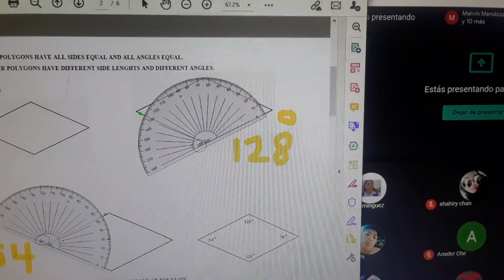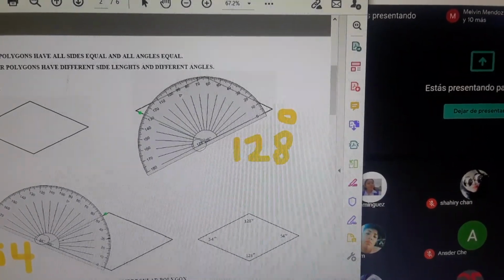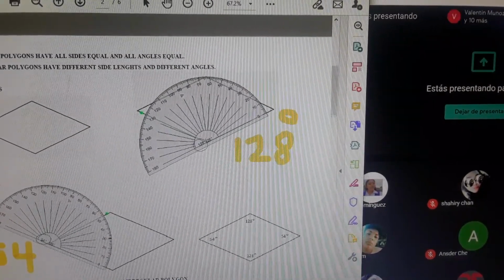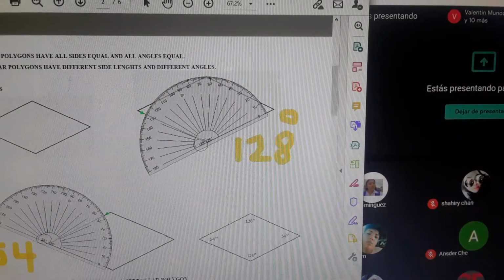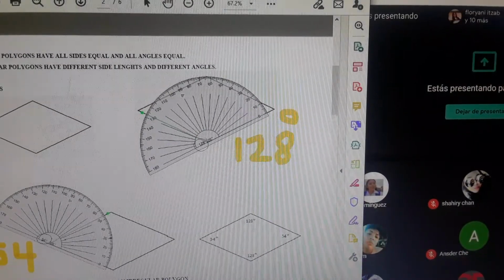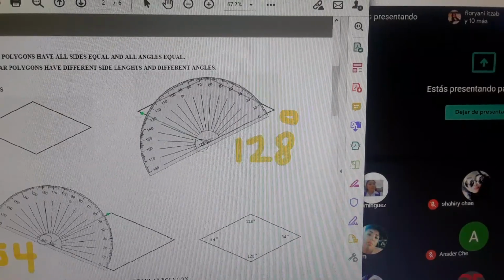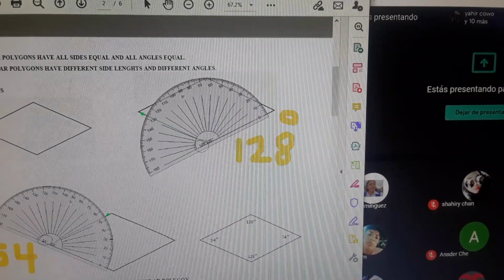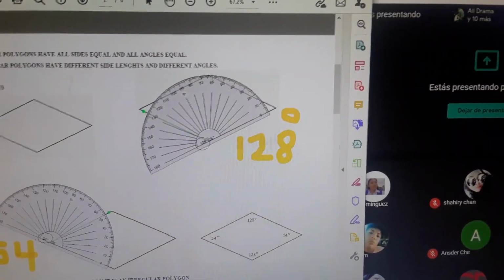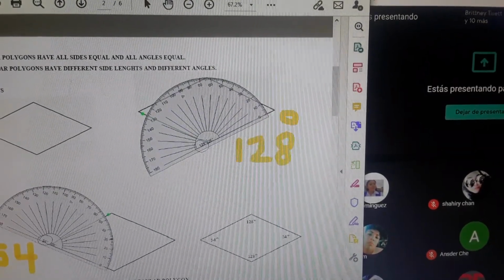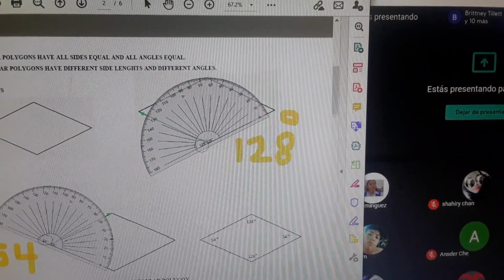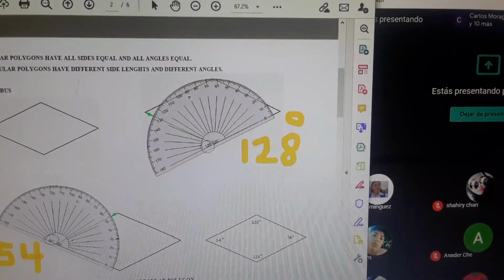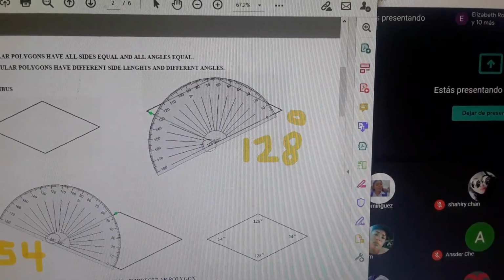But when we start to analyze this shape, we find out that actually two angles are big, which have 128 degrees, and we have two angles that are small, which is 54 degrees. So after analyzing that, I end up noticing that this rhombus, although it has the same length for all its four sides, the angles are different.